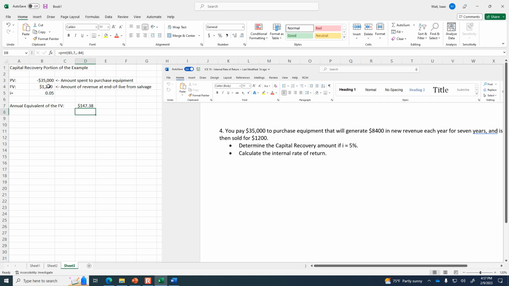What it tells me is you can either have a lump sum payment of $1,200 in year 7, or you can have 7 payments of $147.38. Those are economically equivalent. We can do the same thing for the present value: annual equivalent of the PV, and now we're annualizing the purchase price.